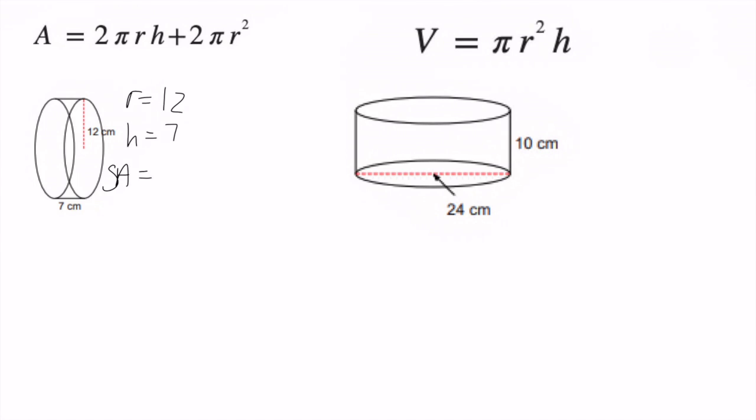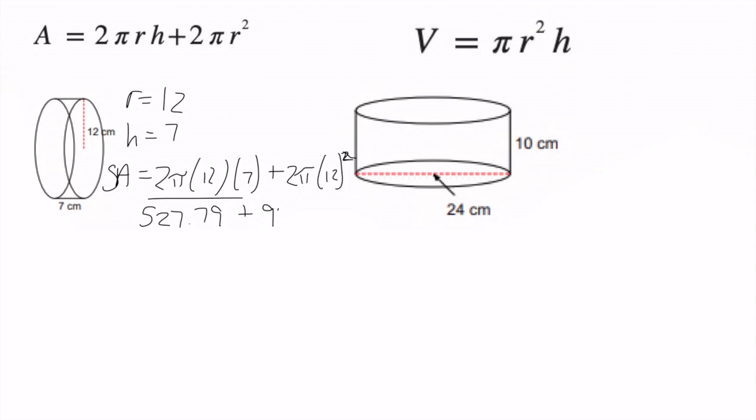For these next two, we have a radius of 12 and a height of 7. Surface area equals 2 pi times 12 times our height of 7 plus 2 pi times our radius of 12 squared. That'll give us, for this piece, 527.79 plus 904.78.